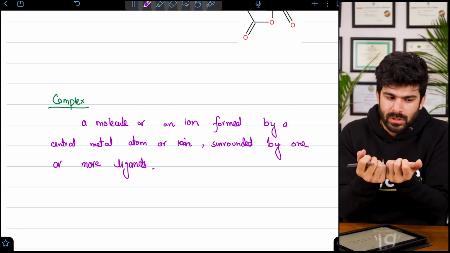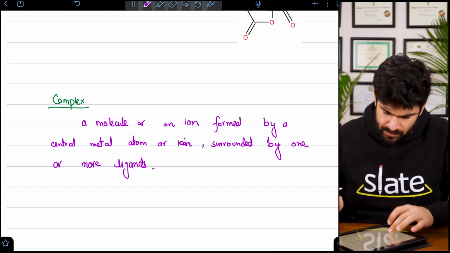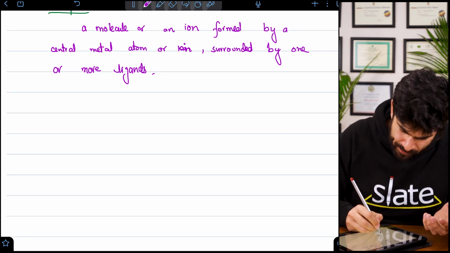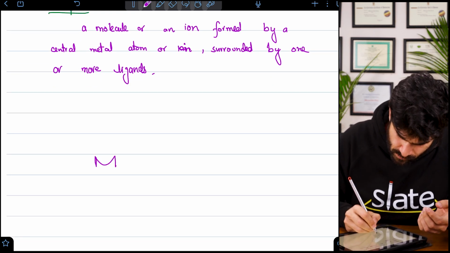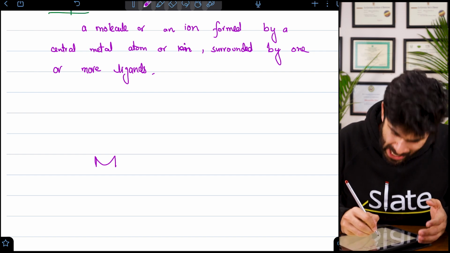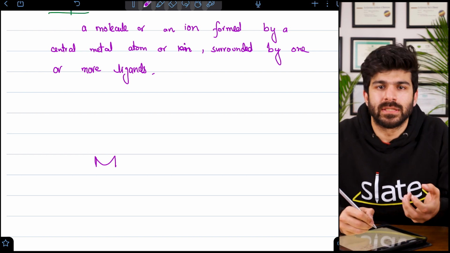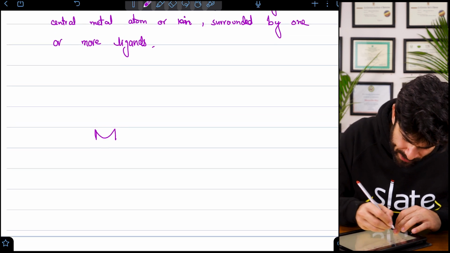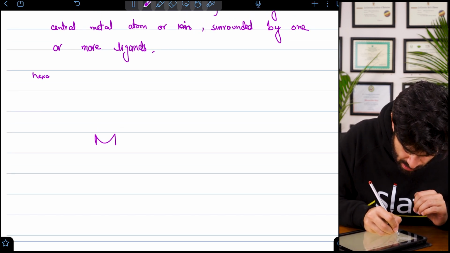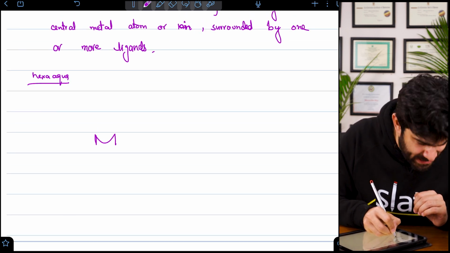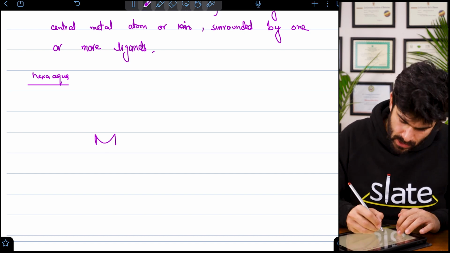Now, complex compounds have central metal atoms. For instance, let's say a metal atom is here, that's my metal. I can have hexaaqua ions. Hexaaqua means 6 waters can be there.